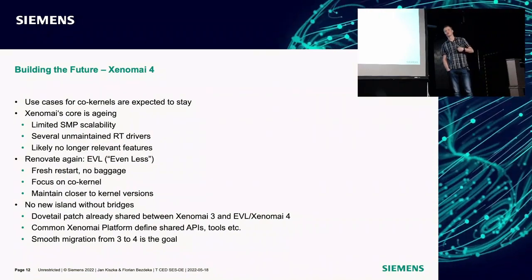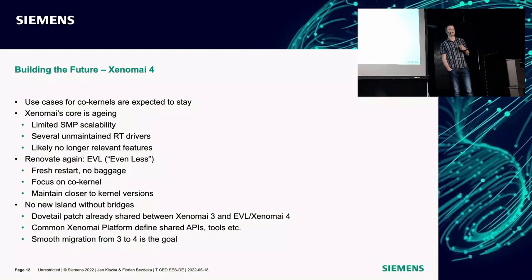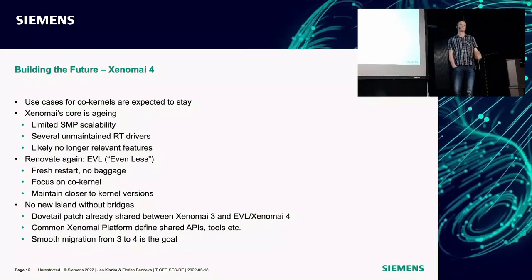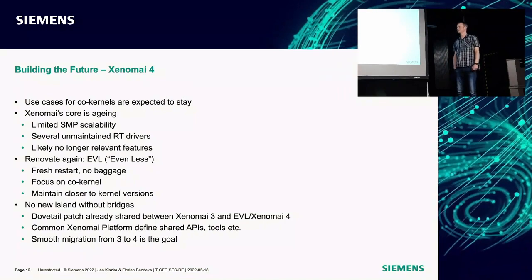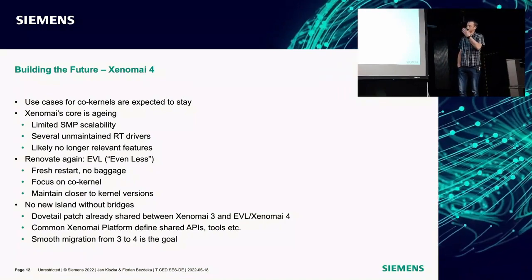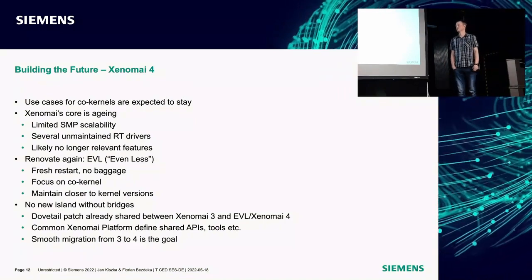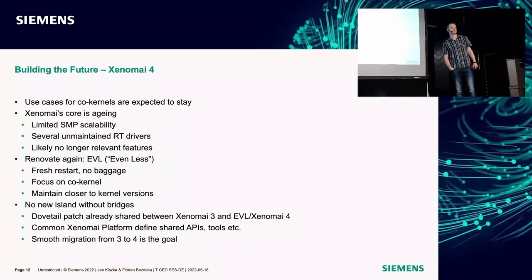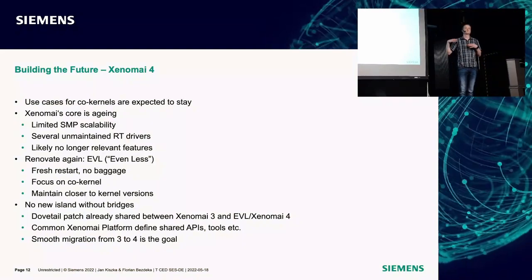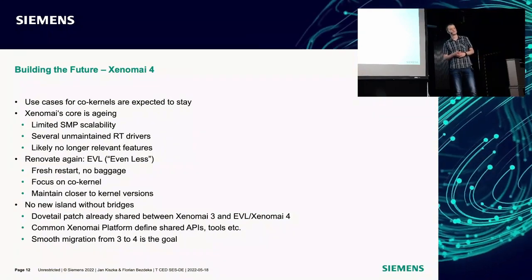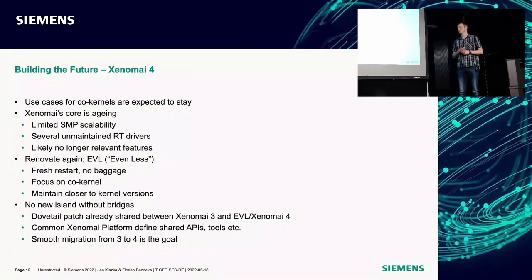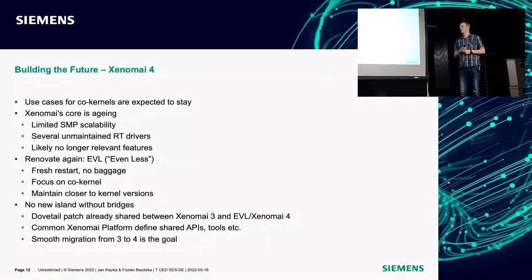So we have to keep up the pace with all these new upstream kernel releases. We have to make sure that it can still be integrated, that it behaves as we expected, and some architecture limitations, like that we have limited SMP scalability. So running Xenomai on server class hardware with a lot of CPUs, you might find some scalability issues.